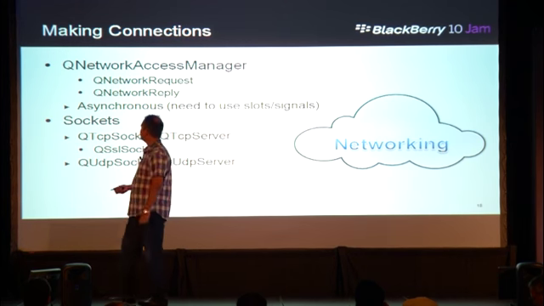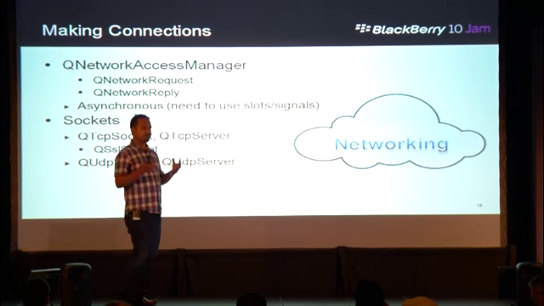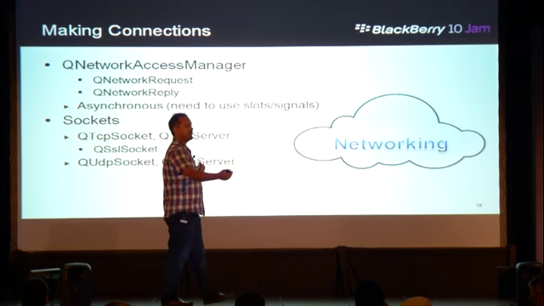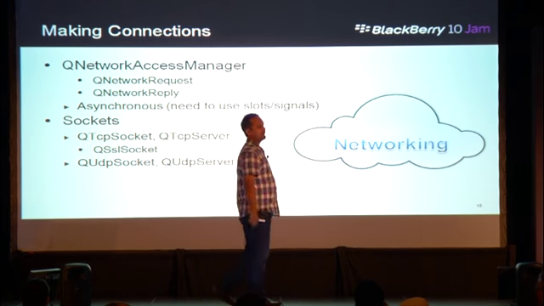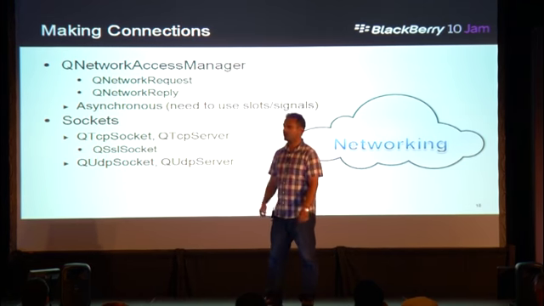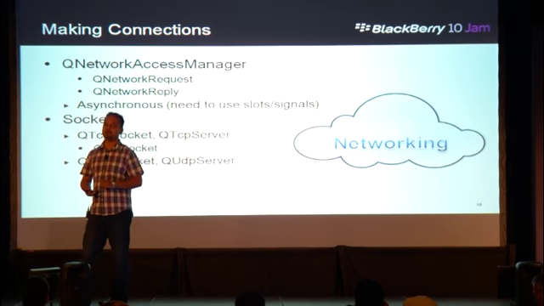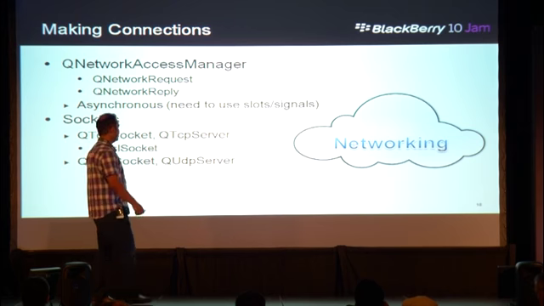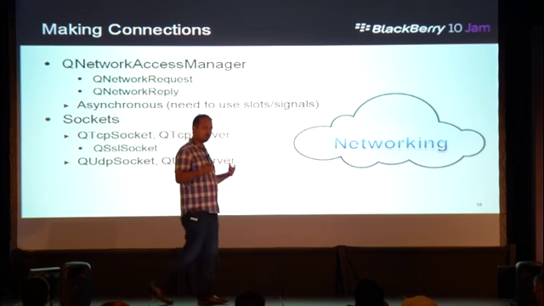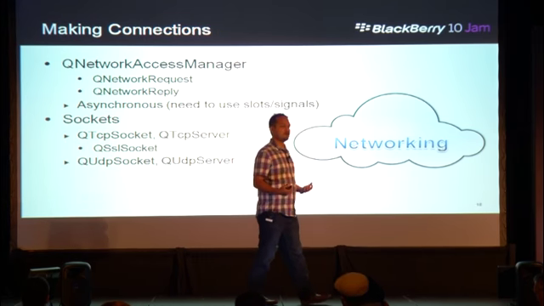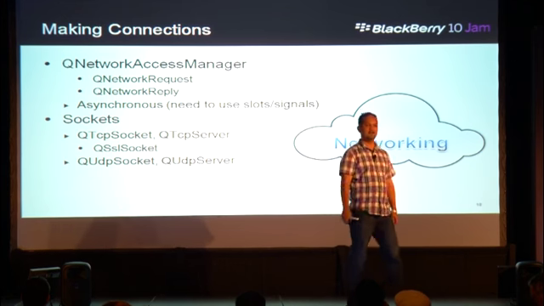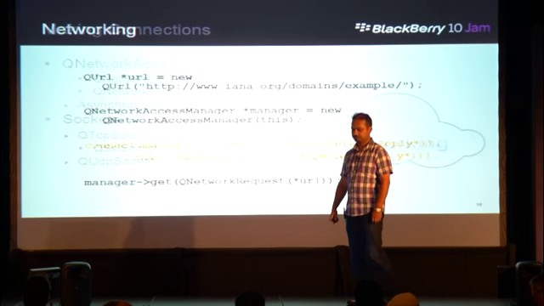You use the Qt Network Request and Reply to create a request, send it over, and get the data as a reply. You can also do raw socket connections, such as TCP sockets or UDP sockets. And you can also be a host as a server connection by using TCP server and UDP servers.